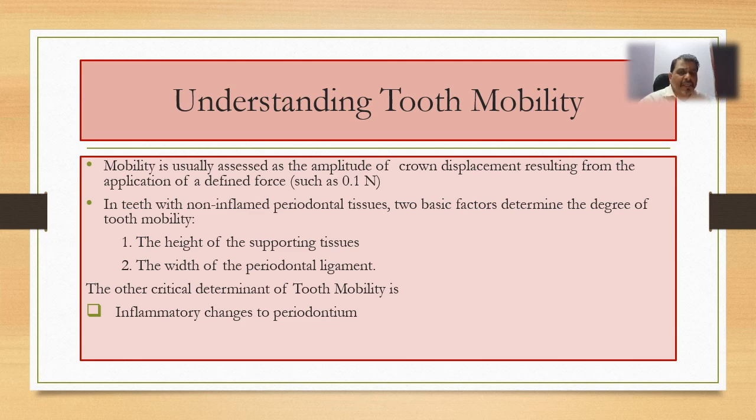Now, all of these could cause significant alteration to the inflammatory status of the periodontium, and as the inflammatory status of the periodontium changes, the tissues become more compromised in their clinical presentation, and we need to look at how this change occurs as we try to understand how occlusal trauma might compromise the clinical presentation of periodontal disease.